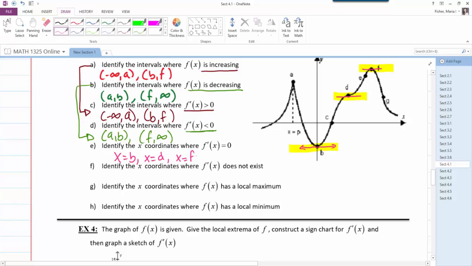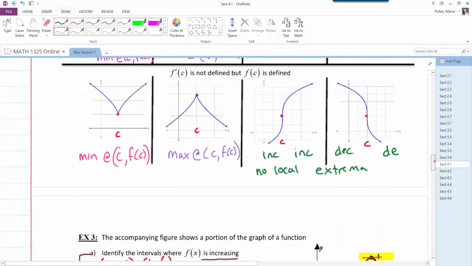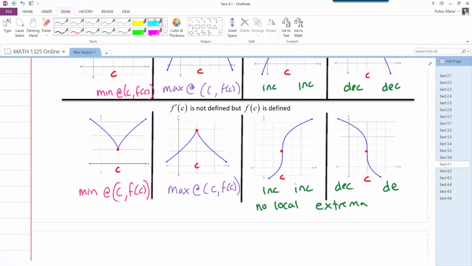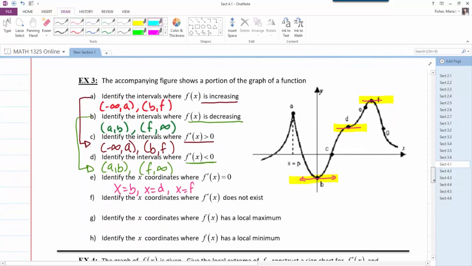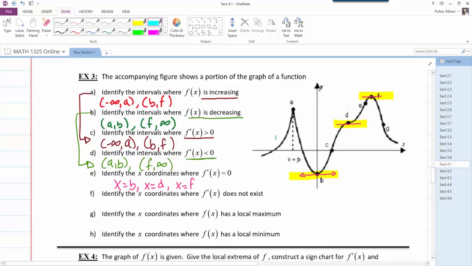Then it's asking you to identify the x coordinates where your first derivative does not exist. Where does our first derivative not exist? Well, our first derivative is not going to exist anywhere that we find a cusp or a vertical tangent. So let's figure out where I see a cusp or a vertical tangent.